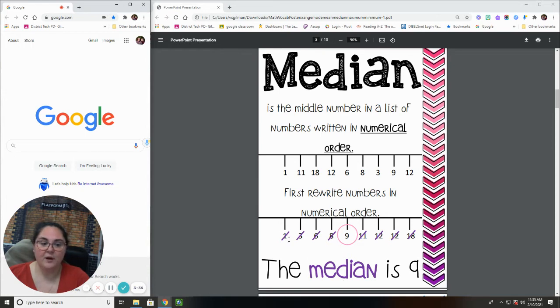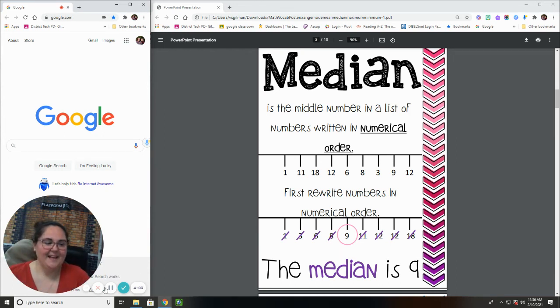I would mark out the 1 and the 18, the 3 and one of the 12s, the 6 and a 12, the 8 and the 11. The number right in the middle when I put it in numerical order is 9. Again, median, think of the middle of the road. Of all of these numbers, which one is in the middle?